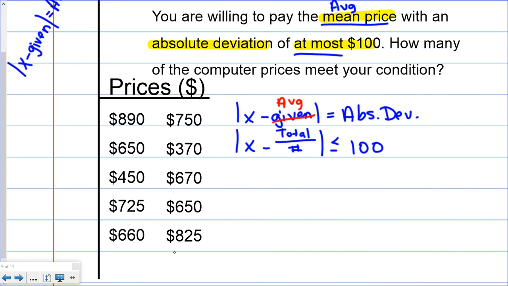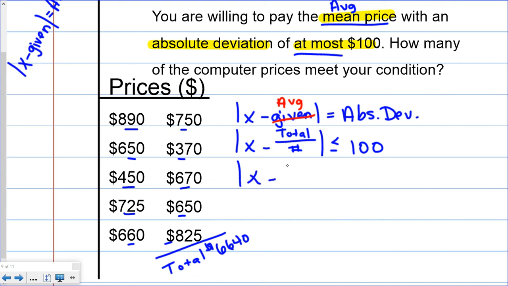If we were to add all of those up, and you can use your calculator if you would like, I'm not going to make you do that all by hand, our total is going to be 6,640. And then if we count how many there are, we have 1, 2, 3, 4, 5, 6, 7, 8, 9, and 10.